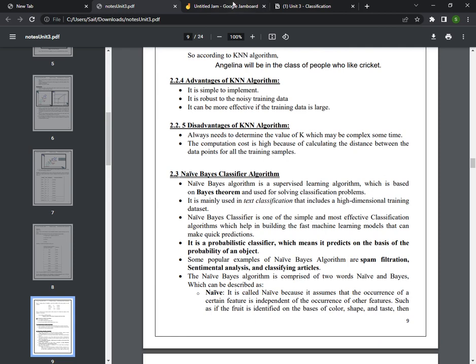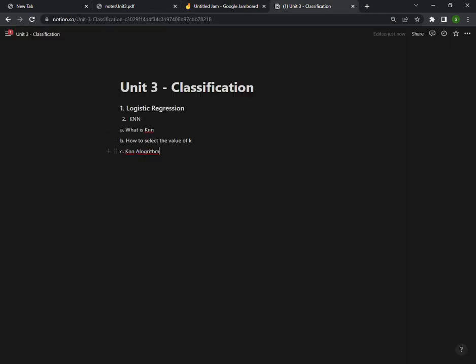Now the next topic that we are going to study, the third topic, is the naive Bayes classifier, naive Bayes decision tree.